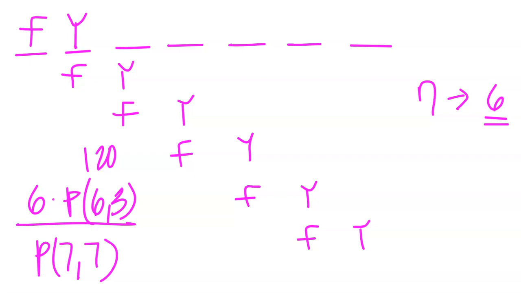Then lastly, you would multiply it by 2 because I have your friend and you fixed in these specific spots, but you could also move you and your friend around. So if you think of all the different ways that you could be you, then friend, then it would be times 2. And the resulting answer would still be the same. You end up getting 2/7.